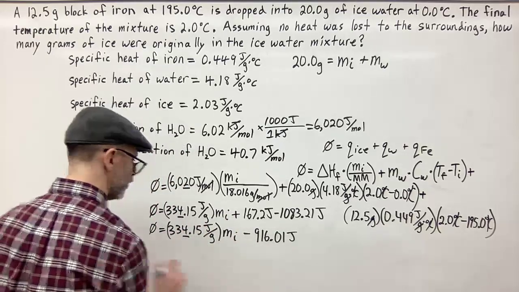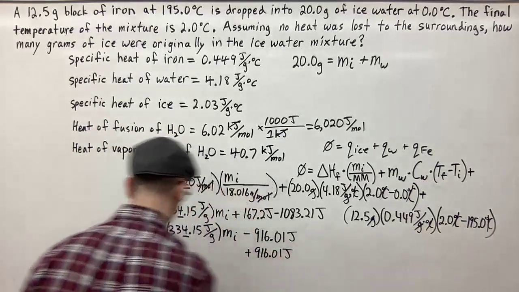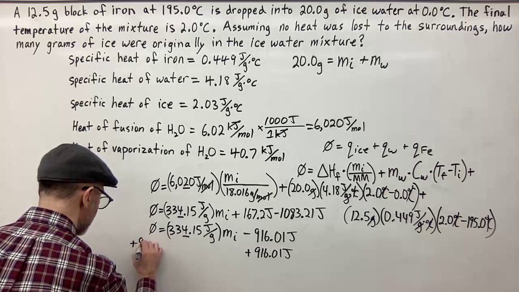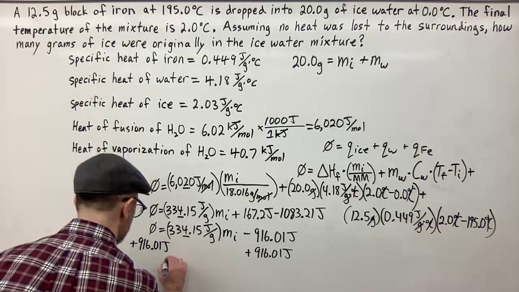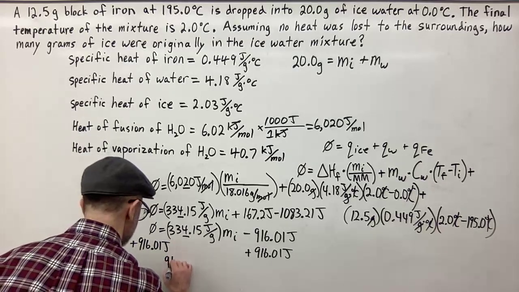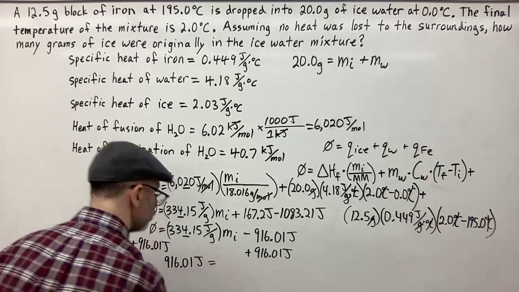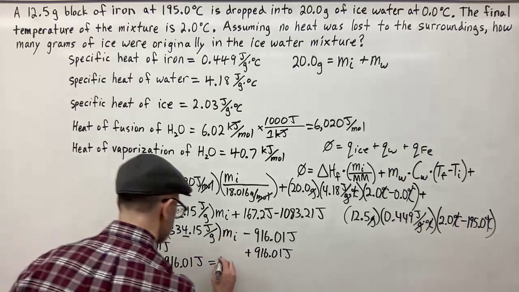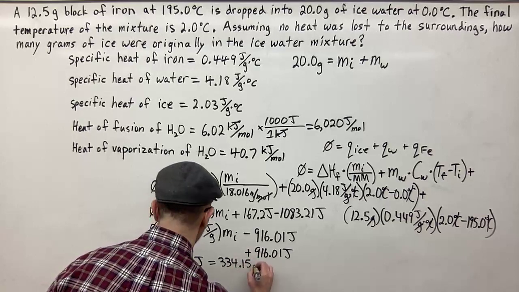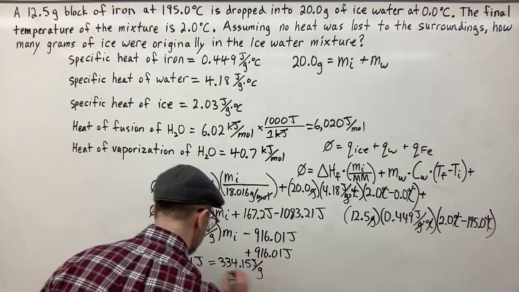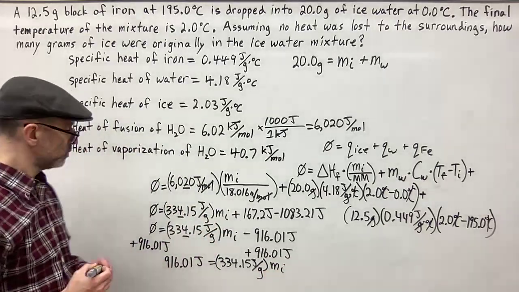So I'm going to add 916.01 joules to both sides. I end up getting a positive 916.01 joules equal to 334.15 joules per gram multiplied by the mass of the ice.